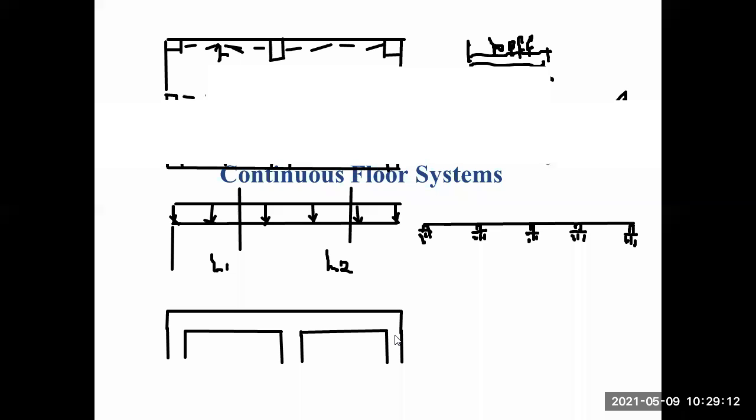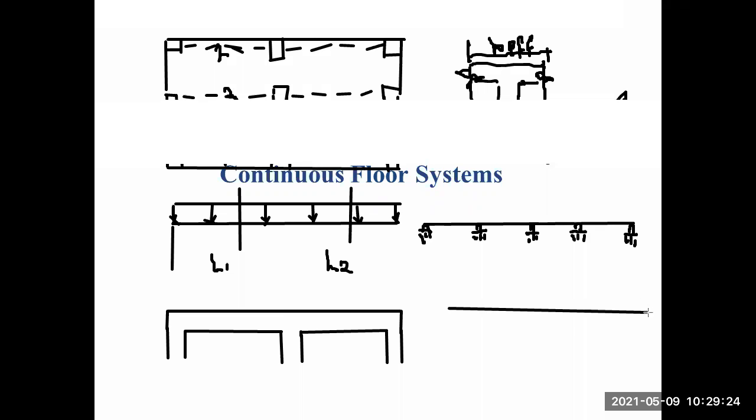How about if I have the same floor system, but the ends are different.